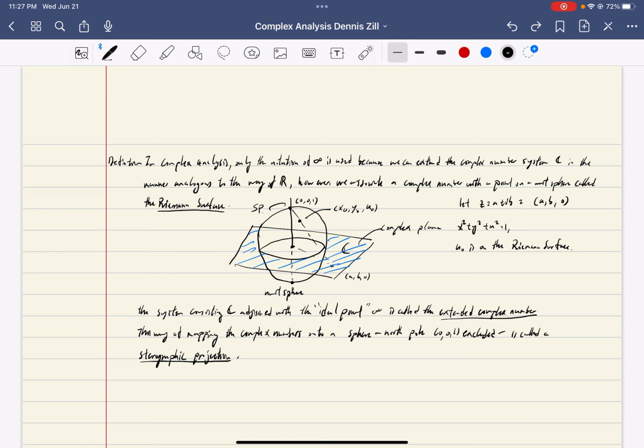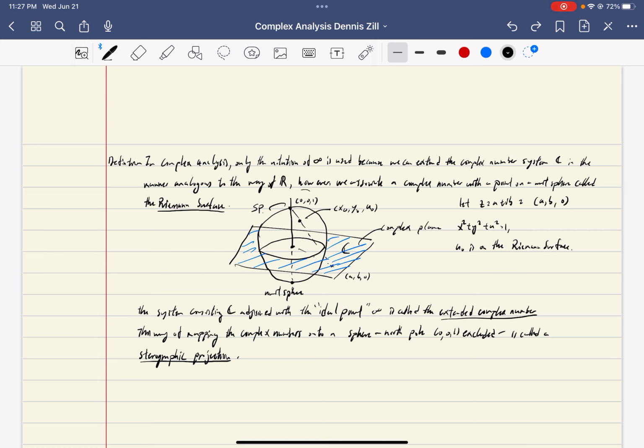However, we associate a complex number with a point on a unit sphere called the Riemann sphere, right? This is the Riemann sphere, really.